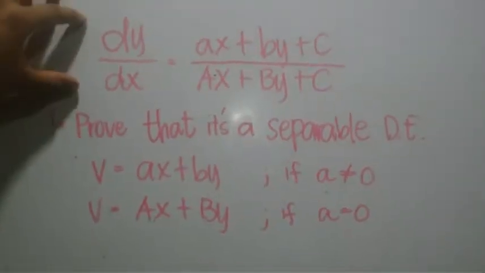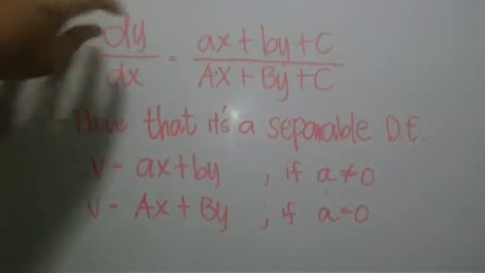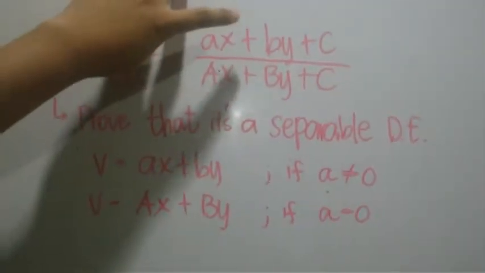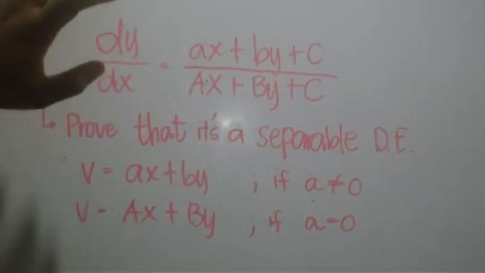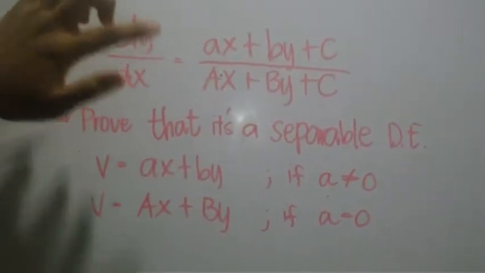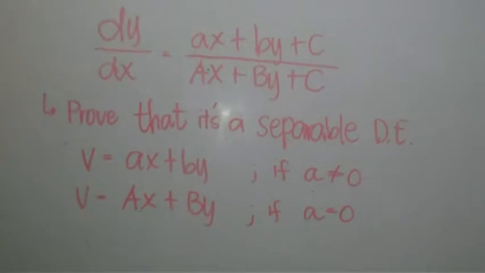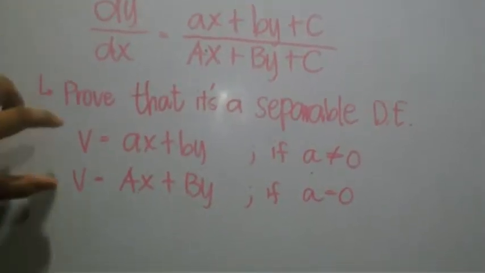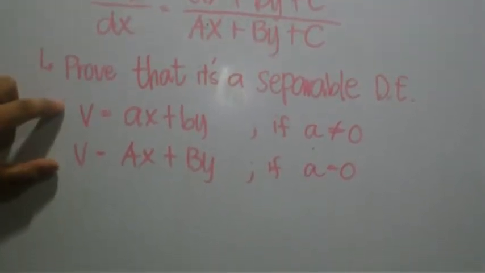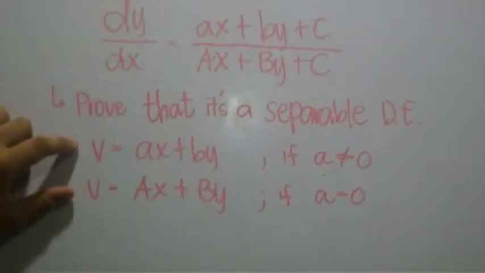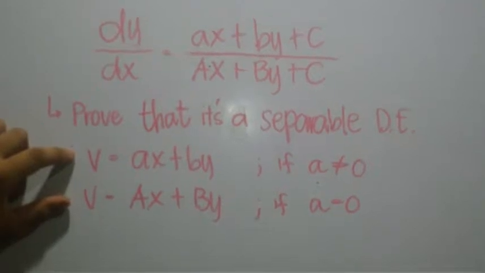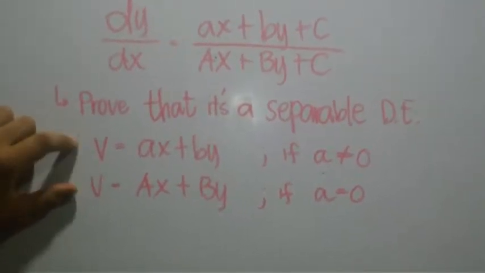Now, this equation dy over dx is equal to lowercase ax plus lowercase by plus lowercase c over uppercase Ax plus uppercase By plus uppercase C. We have to prove that it's a separable differential equation with conditions v is equal to ax plus by if a is not equal to 0, and at the same time, v is equal to uppercase Ax plus uppercase By if a is equal to 0.